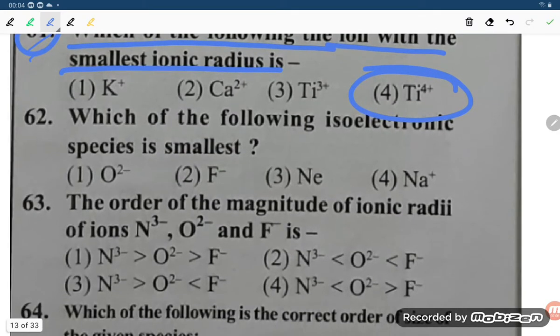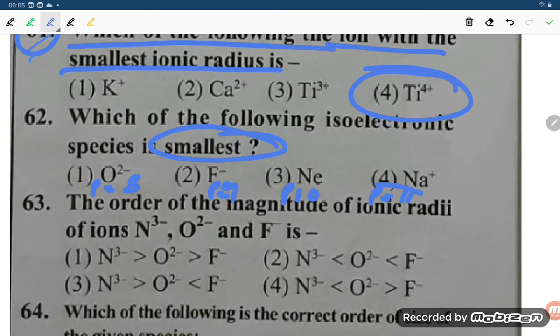Next one is, which of the following isoelectronic species is smallest? That is also a good question, student. For isoelectronic species, we check which has the more number of protons. Here protons are 8, then 9, here 10, and here 11.